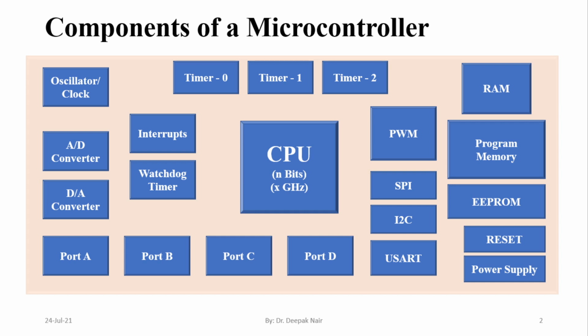The difference between a microcontroller and a microprocessor is that every microprocessor will have its own CPU, but they will not have peripherals like the ones shown here. Other than that, microcontrollers may have more or different peripherals along with the CPU. So a microprocessor will have a CPU only, whereas a microcontroller will contain the CPU and all the peripherals which are shown here.